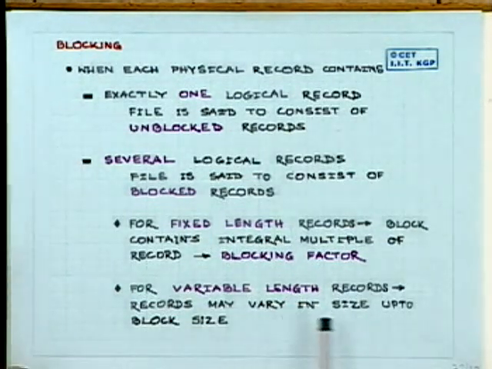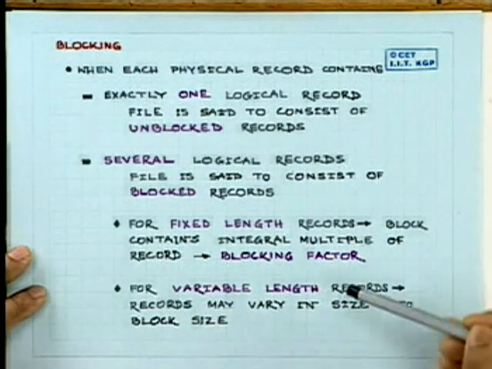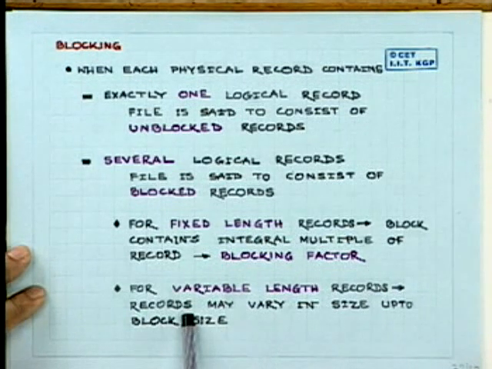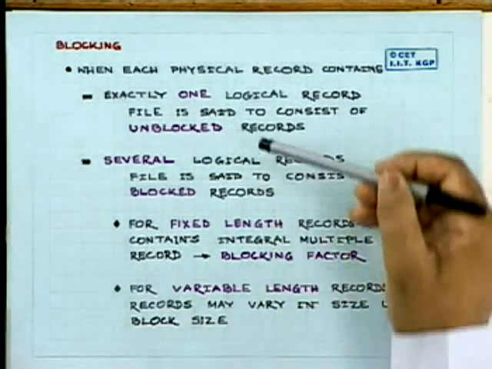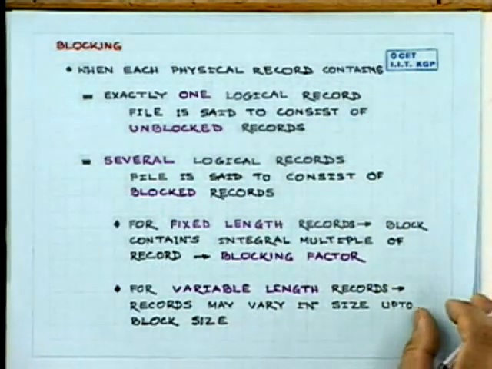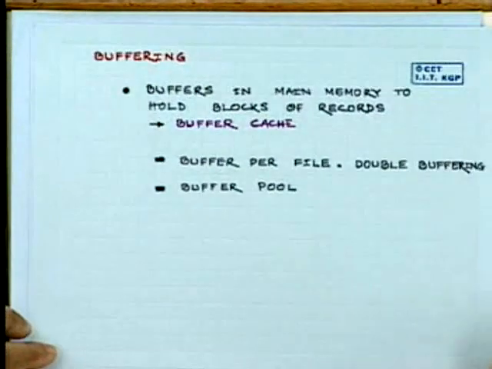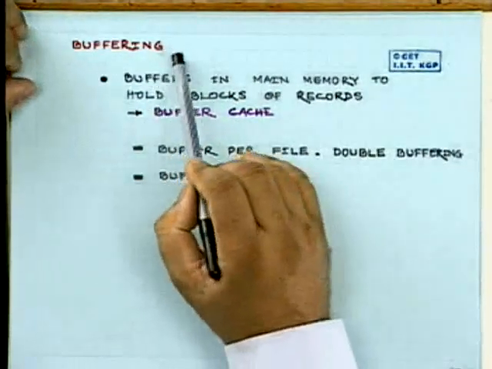In that case, management problems would be more severe. Therefore, generally, if it's variable length records, the logical record is allowed to vary in size up to the physical block size. Therefore, these are the terms that we'll use in the subsequent discussions that we are going to have.